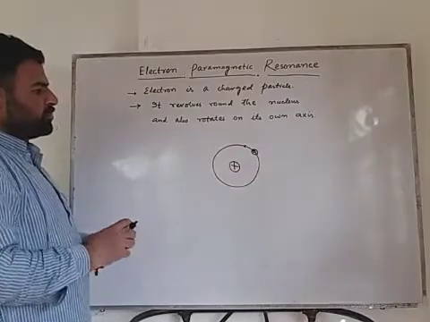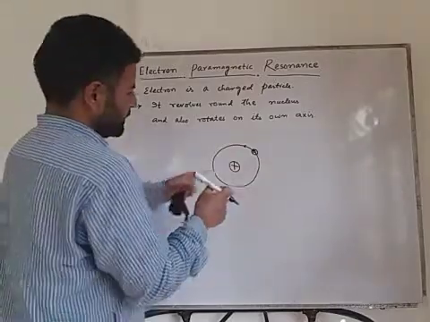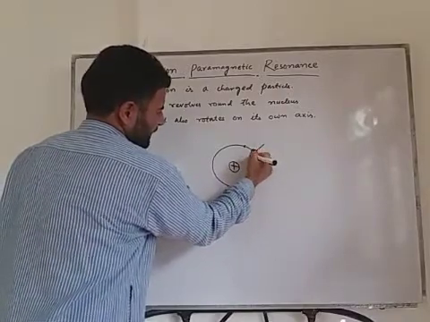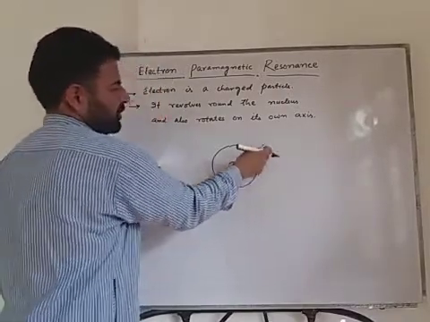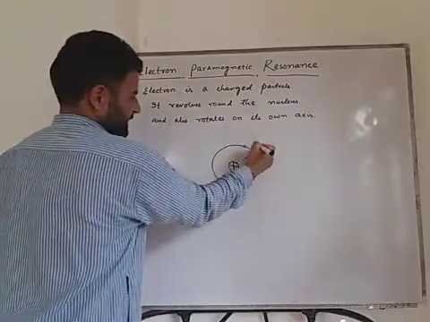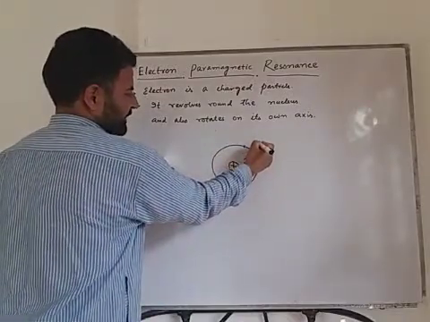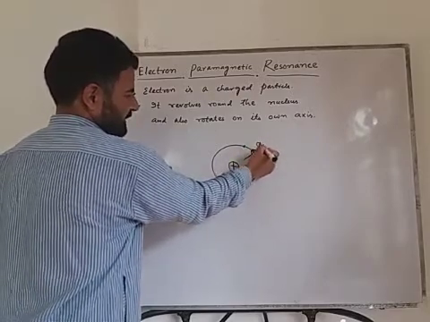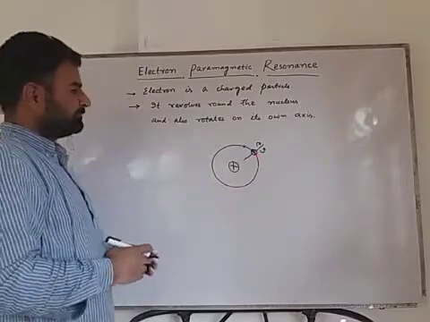Okay, so there are two types of motion. One is it revolves around the nucleus, and also it has a spin on its own axis, that means it rotates on its own axis. And there also it can be in clockwise or anti-clockwise direction. Okay, fine.